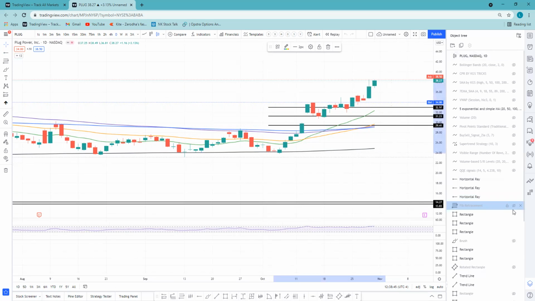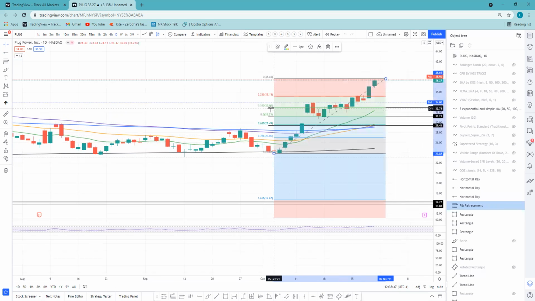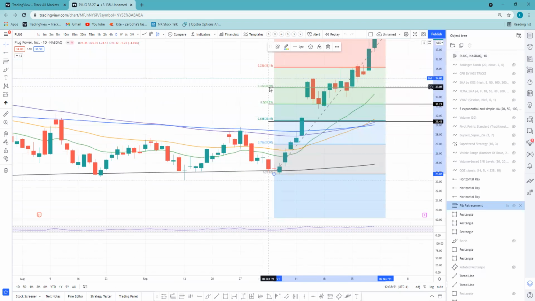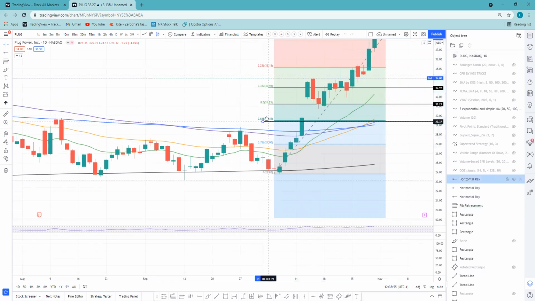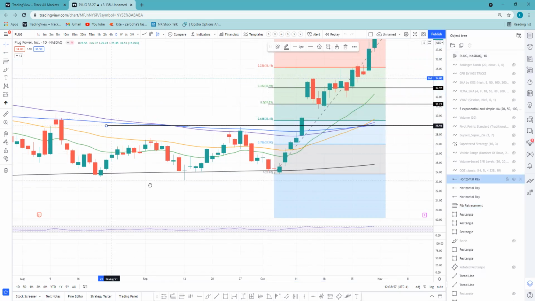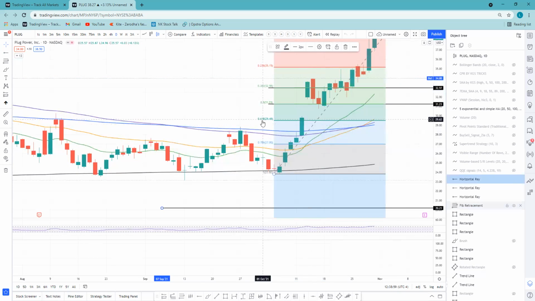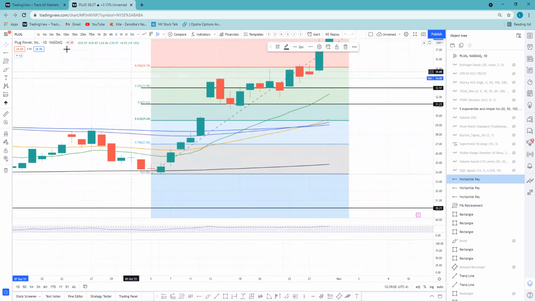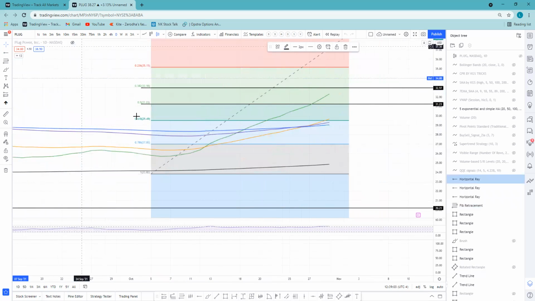When you draw the Fibonacci, whenever you see this line, the colors, what I did is I just put a line on those colors, so I don't have to look for the Fibonacci. Wherever you see the color, do you see this color? 61. I'm just going to put this one. Just a minute. Sorry.